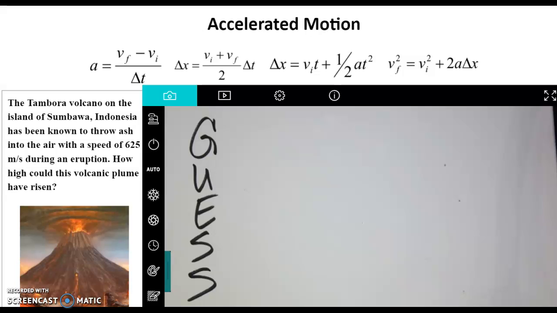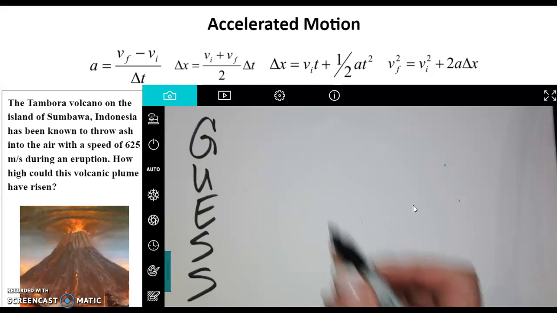Okay, for our last question, we have a volcano that erupts and throws ash into the air with a speed of 625 meters per second. How high could this volcanic plume have risen? Notice that the question is giving us the initial velocity. The question states that it throws the ash at a speed of 625 meters per second.